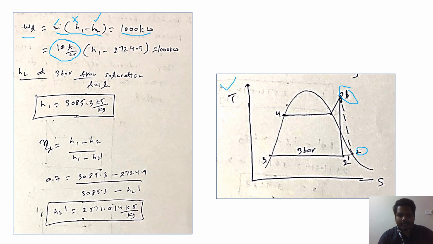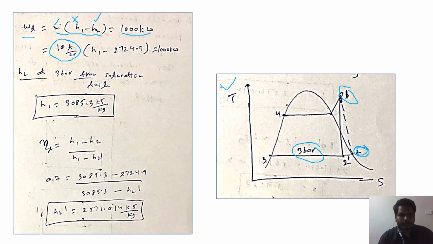As you can see on the TS diagram, the point 2 is on the saturated vapor line. Here the pressure is 3 bar. So we have to refer to the saturation steam table. We can find the enthalpy at point 2.